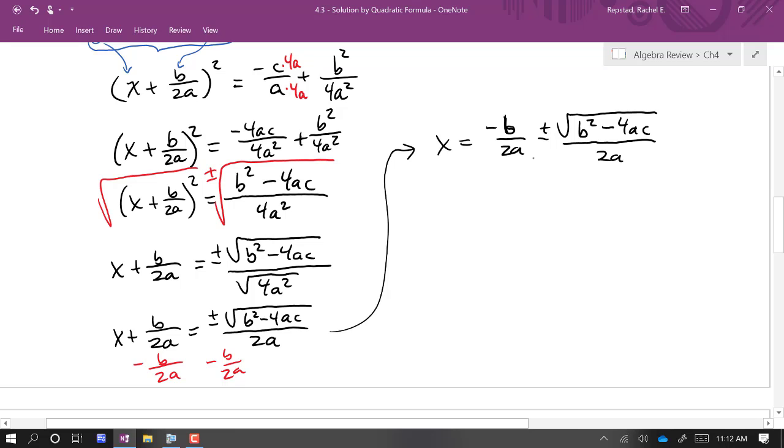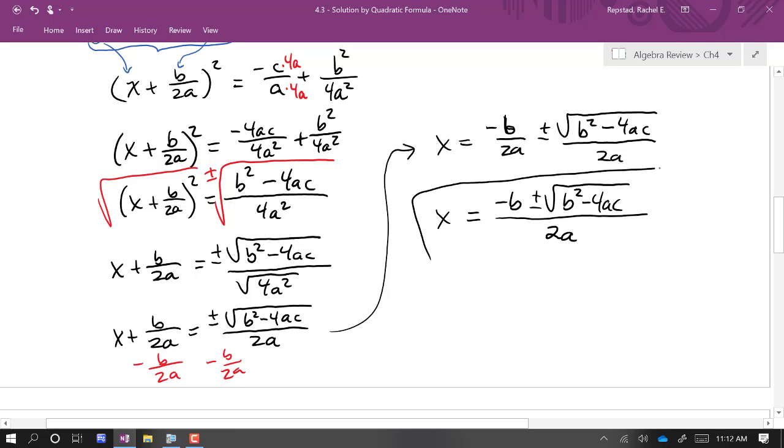These fractions already have a common denominator, so I'll write it as a single fraction. Negative b plus or minus the square root of b squared minus 4ac all over 2a. Huzzah! Now we know why the quadratic formula looks the way that it does. Victory feels pretty good.